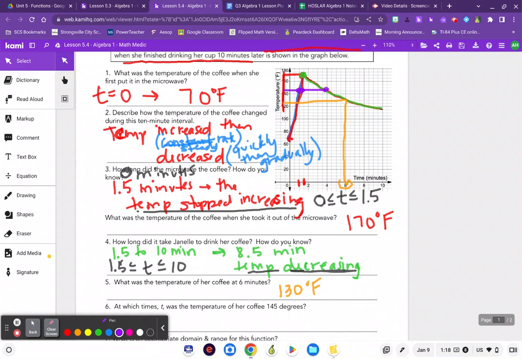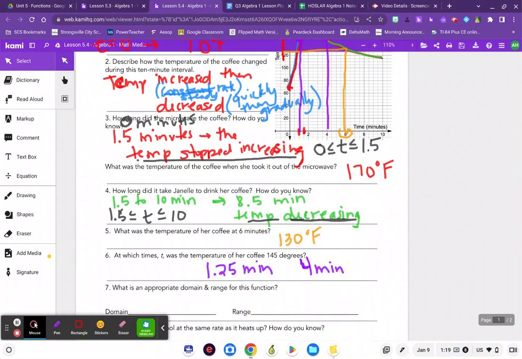And so if I look down at my graph, it looks like that's happening at about 1.25 minutes. And if I look down here, maybe 4 minutes.